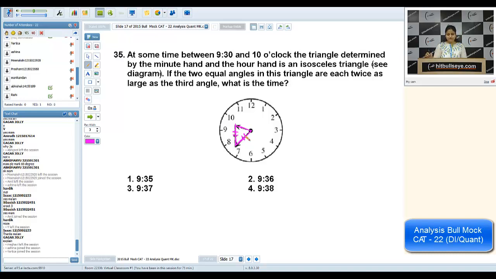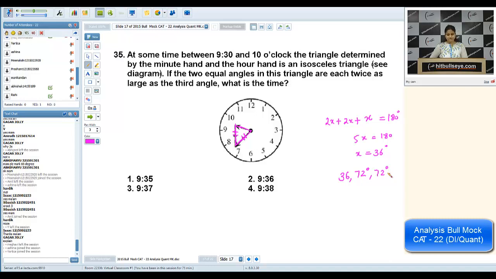If the two equal angles in this triangle are each twice as large as the third angle, it means if I take the third angle to be x, the other two angles will be 2x, 2x. Of course, in a triangle, this is always true. So from here, I can calculate the value of x, which comes out to be 36 degrees. So angles will be 36, 72, 72 degrees.